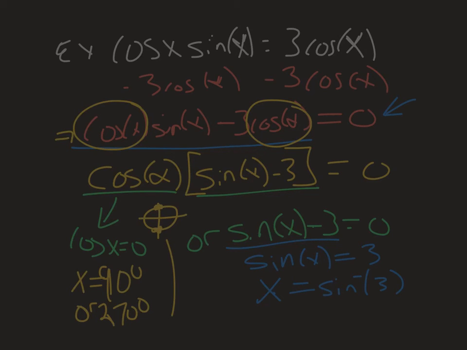I'm not sure what that is off the top of my head, but since we're looking at height with sine, it could be possible, actually, since this is a 3, there's no way I can have a height of 3 on this unit circle, especially since the radius is 1. So this part, there'd be no solution.